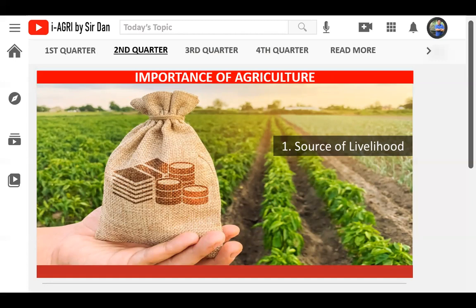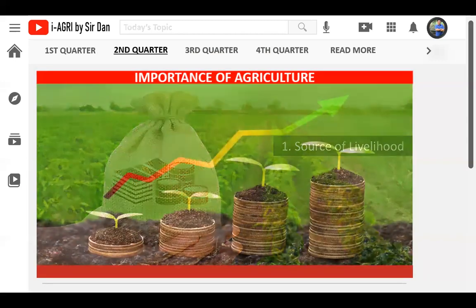So they decided to have an extra income and learned agriculture in their own way. So agriculture become their livelihood or give them another extra income.